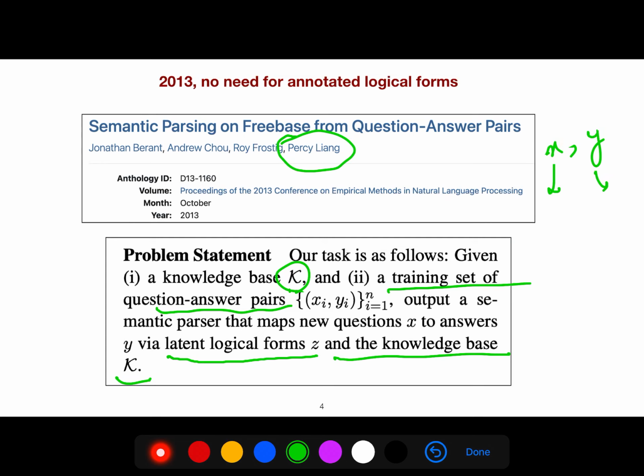But there is a Z as well, that latent logical form. We don't know this, we want to infer that.